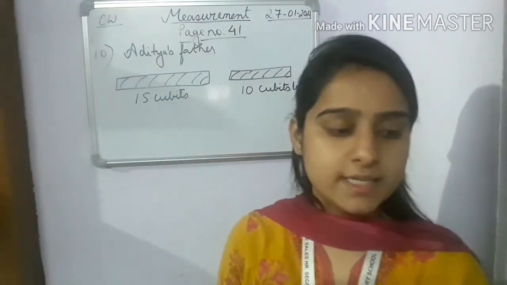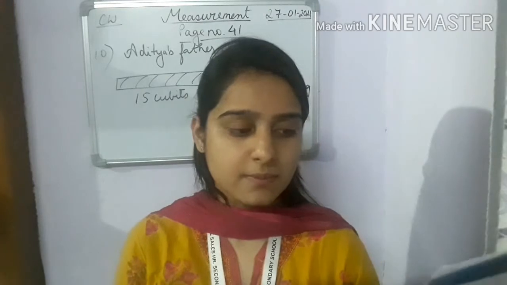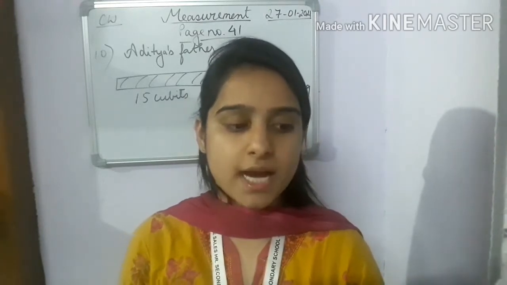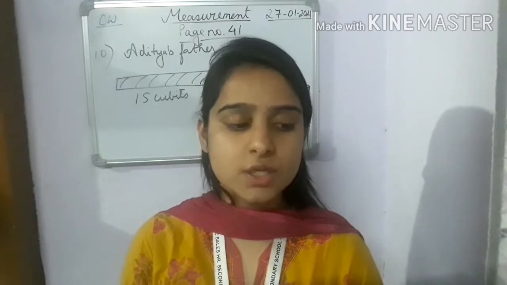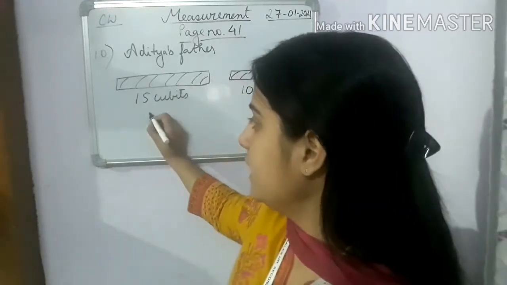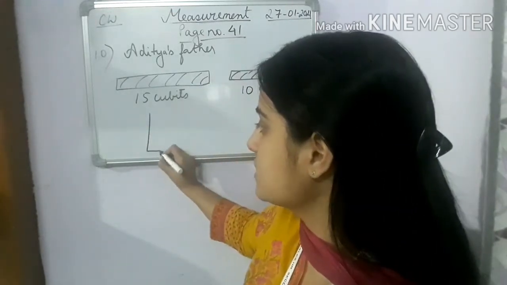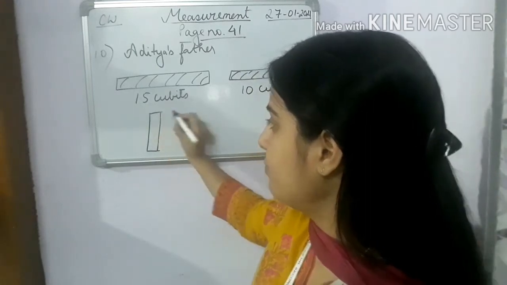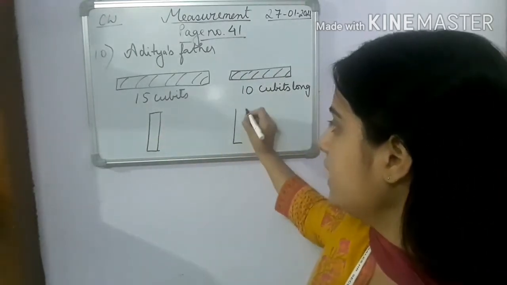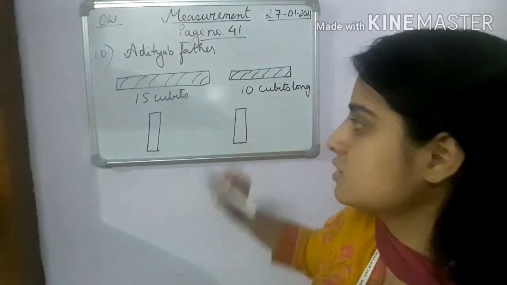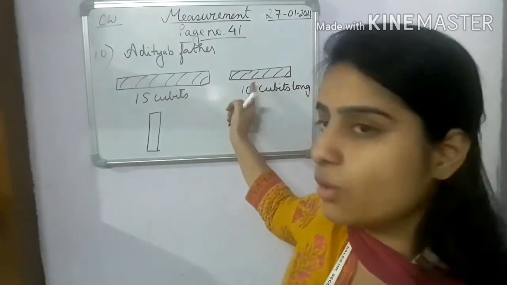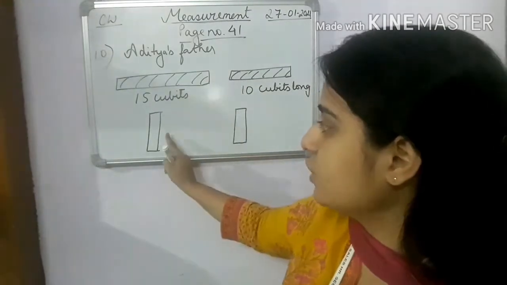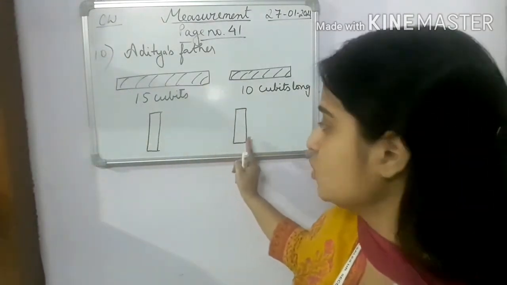Now let's read the next line. He tries to tie a rope between two poles to hang the wet clothes. So there were two poles where Aditya's father thought to hang wet clothes, to tie one of the ropes between these two poles.